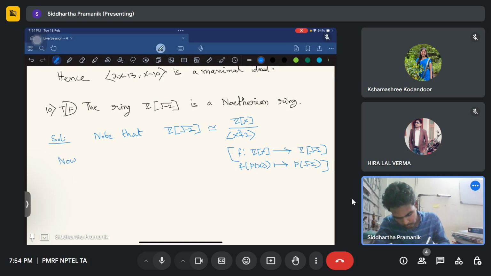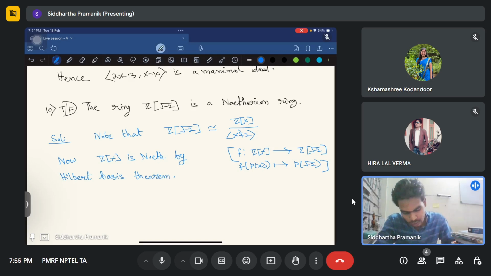Now Z[x] is Noetherian by the Hilbert basis theorem, since Z is Noetherian. Z is Noetherian because every ideal is principal, so every ideal is finitely generated.